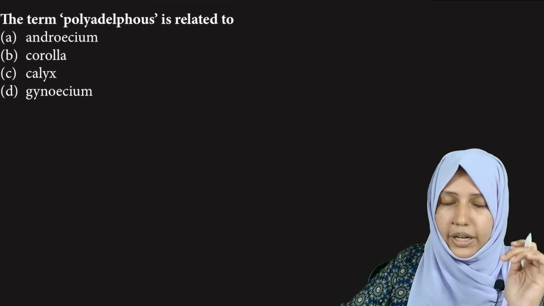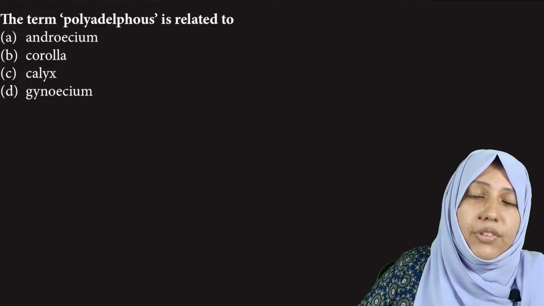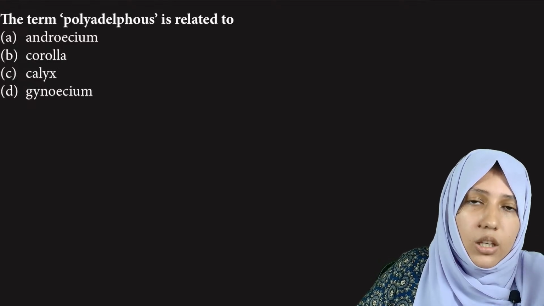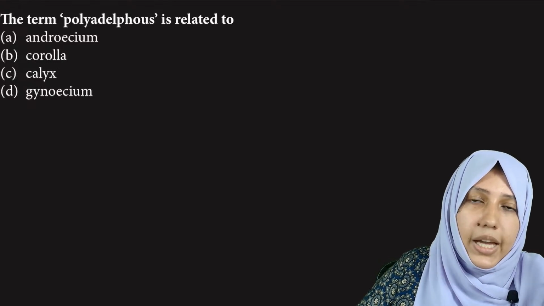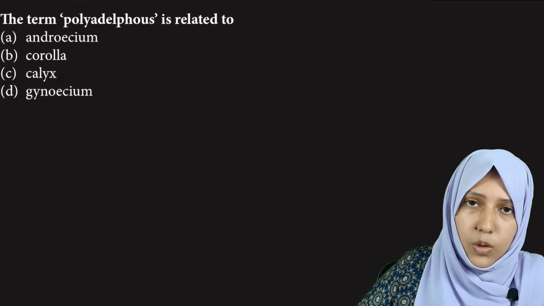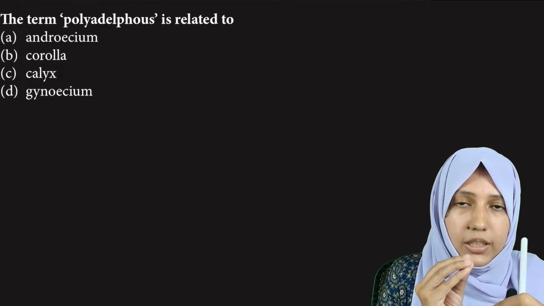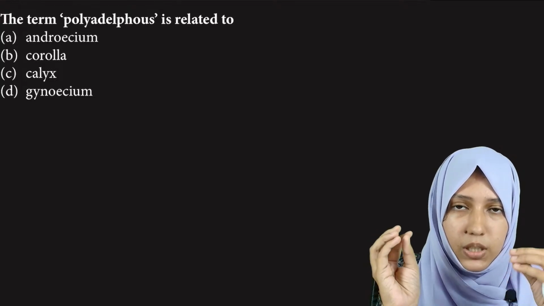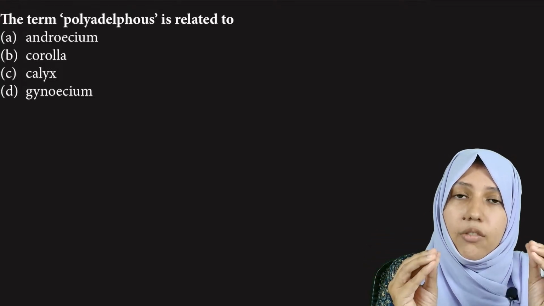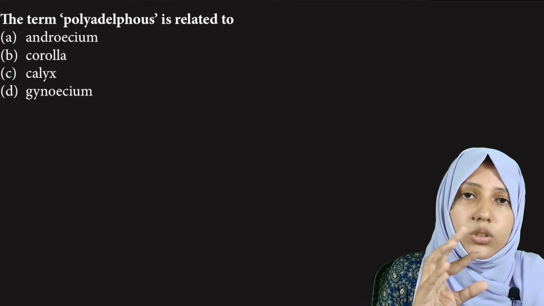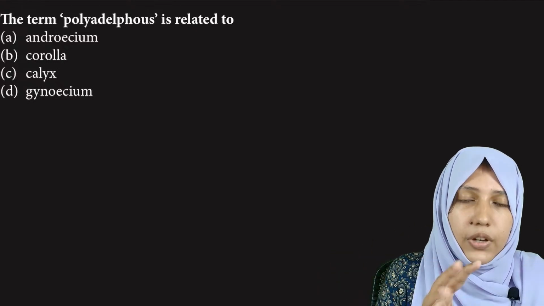The term polyadelphous. What do you mean by polyadelphous? Stamens means the androecium, the male reproductive parts. There are a number of stamens present in the flower, and they will not be fused to each other. They will be free.